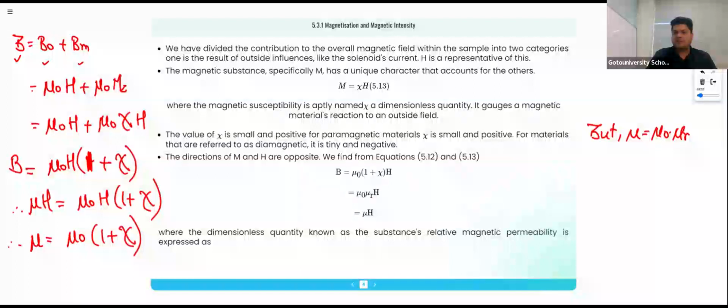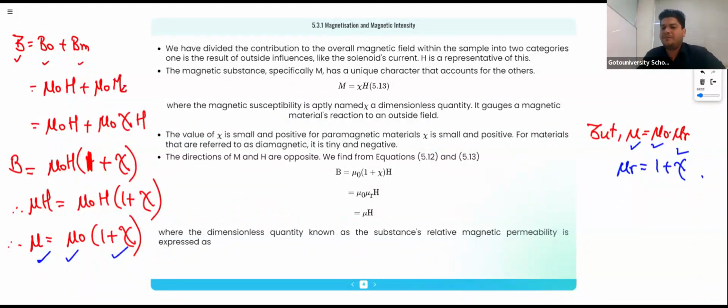If you compare, there is mu, there is mu naught, there is mu r. Your mu r will be equal to 1 plus susceptibility. That's the relation between them. And susceptibility can be zero, it can be positive, it can be negative.